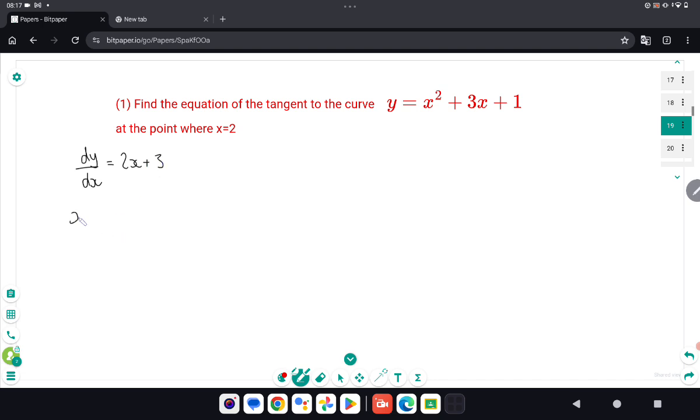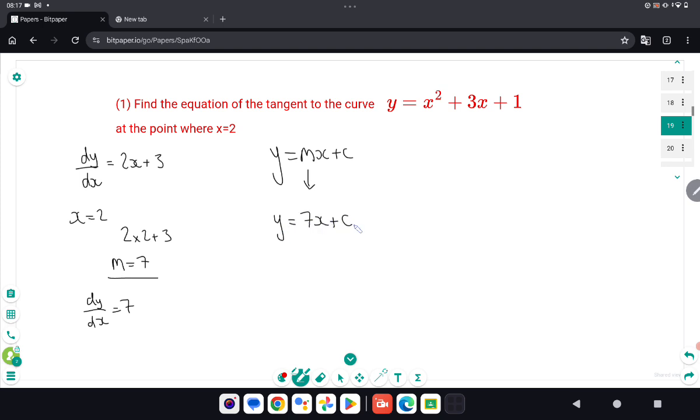So when x is equal to 2, our gradient is 2 times 2 plus 3, which is 7. m is 7, the gradient is 7. We could call it dy/dx is equal to 7, or we could just call it the gradient is equal to 7. But it's the gradient of the tangent, because the gradient of the tangent and the gradient of the curve are exactly the same. So here we know m is 7.